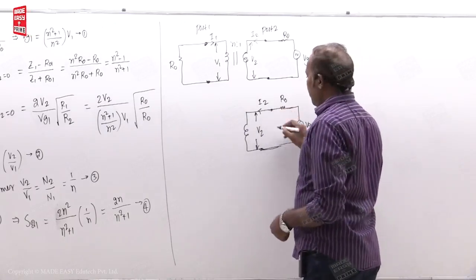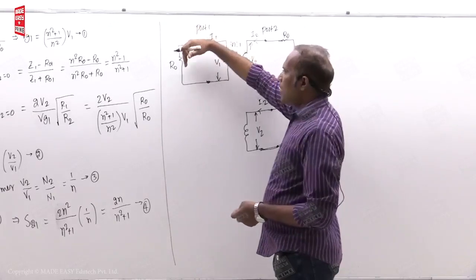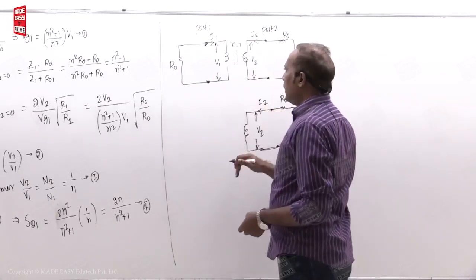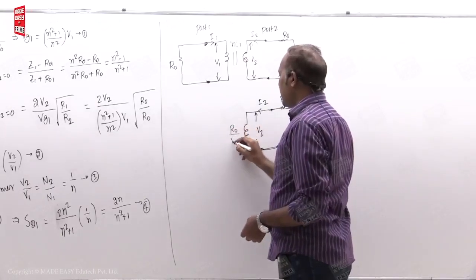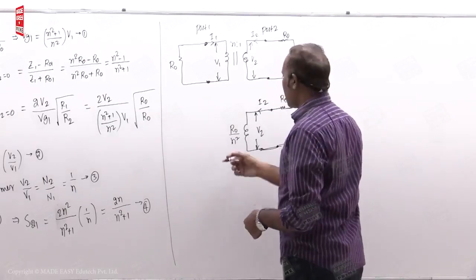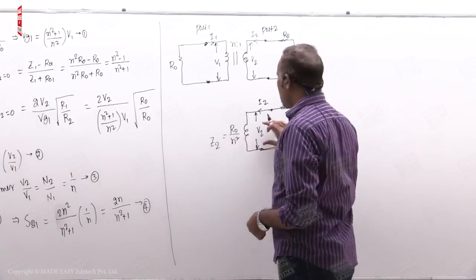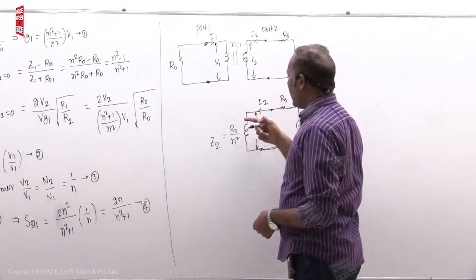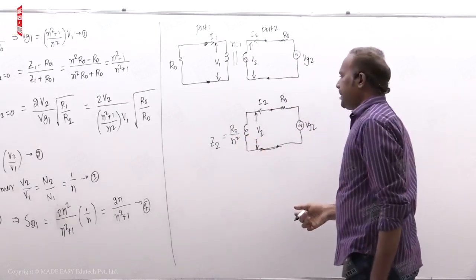Now if you transform this to here, ultimately you get impedance here R0 divided by n square. There R0 into n square you get by multiplication; here R0 by n square. This is nothing but Z2, dear students, because V2 divided by I2, that is Z2. So here Z2 is R0 by n square.